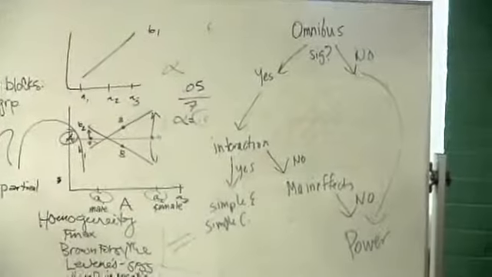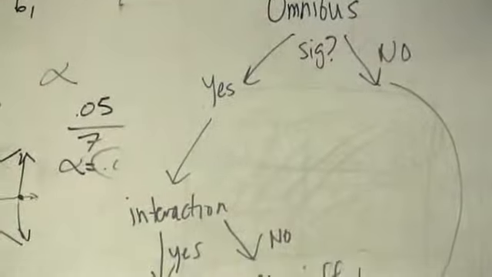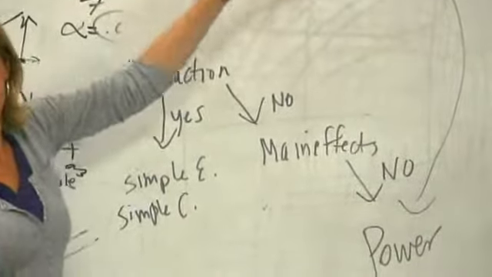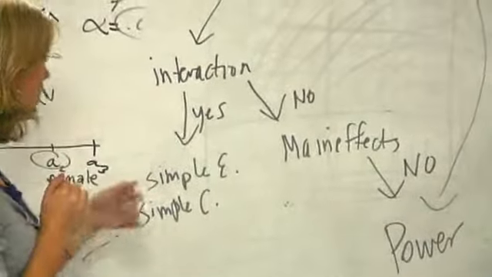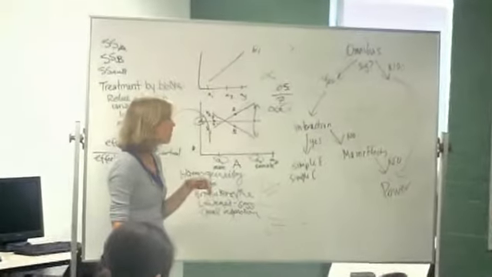At what point in that flowchart do you check for homogeneity? Everywhere. You're testing if your omnibus is distributed okay, and then the interaction. Basically, you would do it initially, looking at your data.